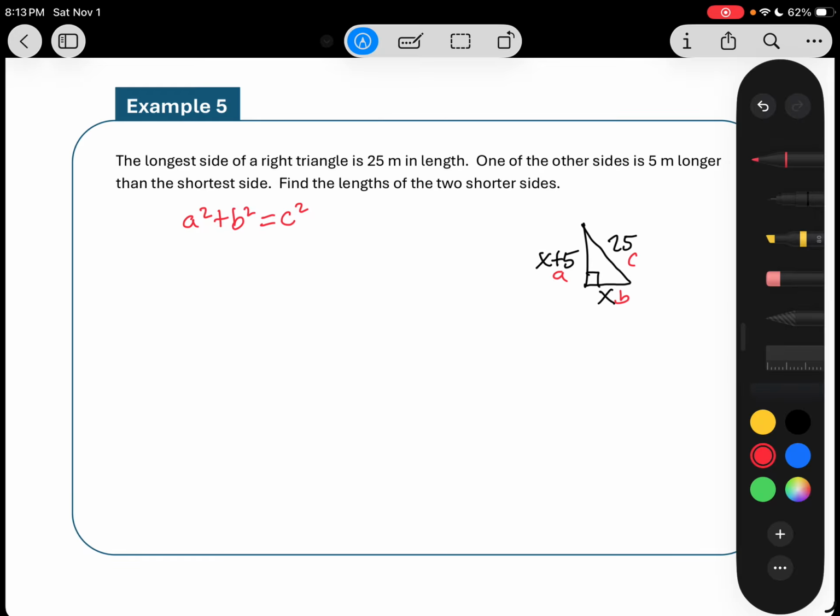So let's go ahead and put how our triangle is labeled into the Pythagorean theorem. So we'll have x plus 5 squared plus x squared is equal to 25 squared. And then we are off to the races to solve for x.